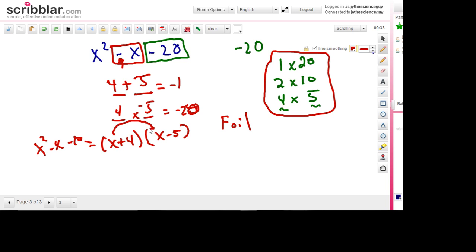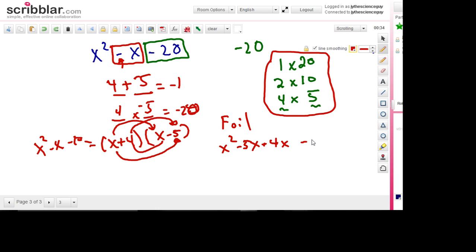First, outer, inner, last. So that's what I'm going to do here. So this is the first two terms. X times x is x squared. Then the outer terms. That's minus 5x. Then the inner terms. That's plus 4x. And then the last term.